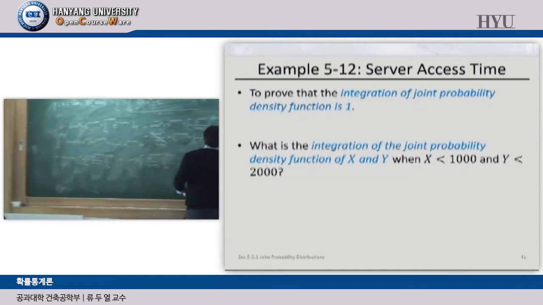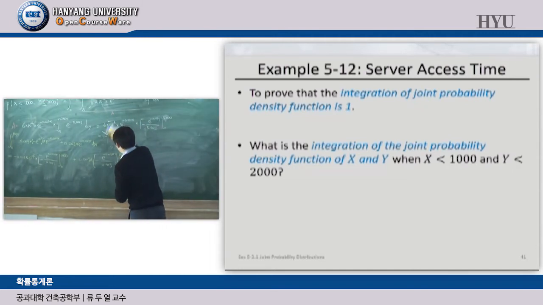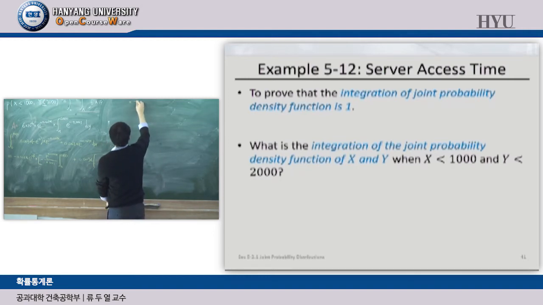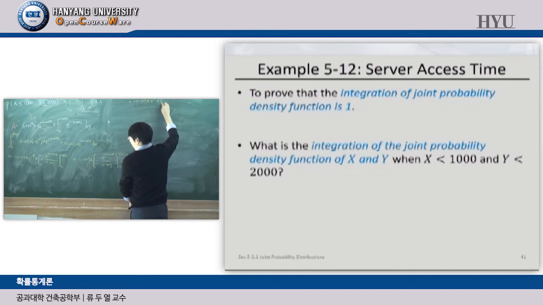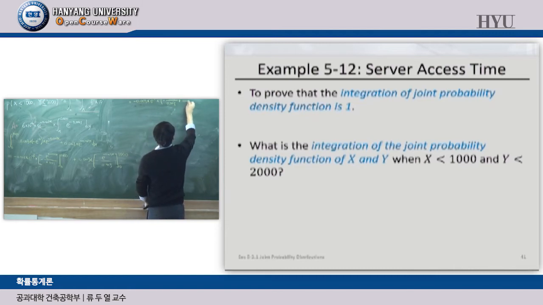And this will be minus 0.003 by exponential minus 4 by minus exponential minus 1 over 0.001 plus 1, right?